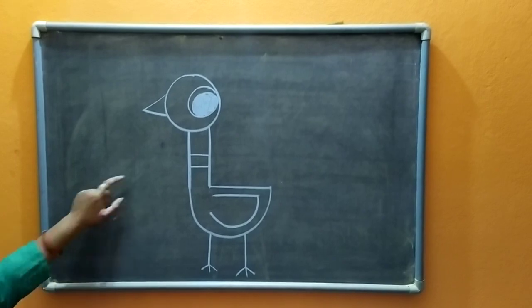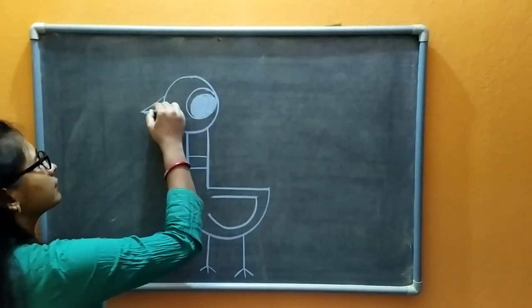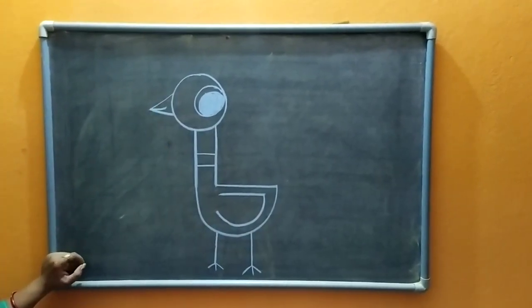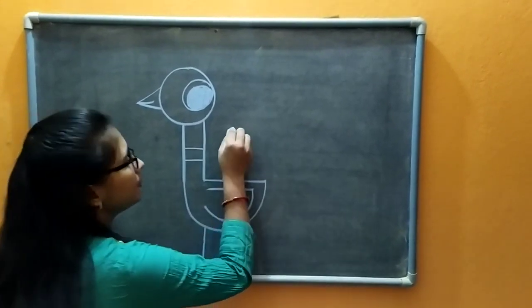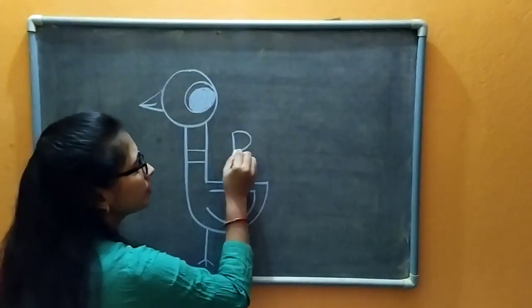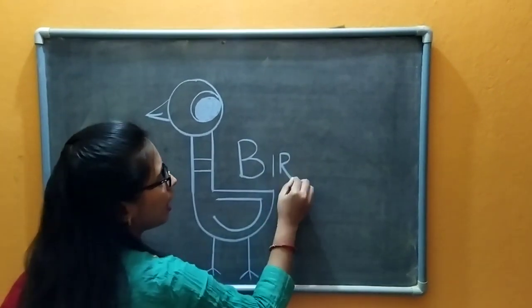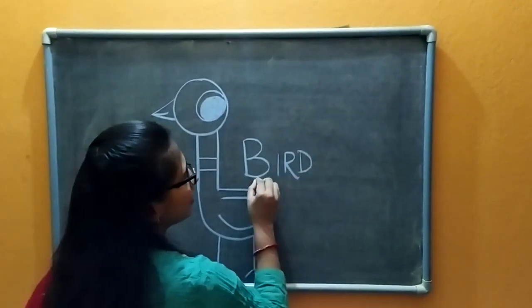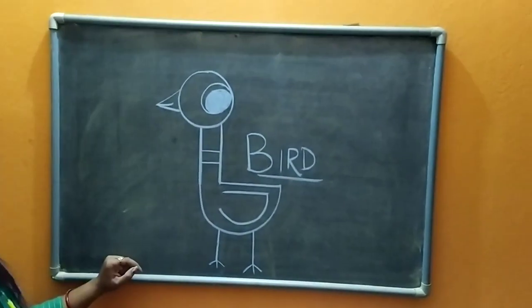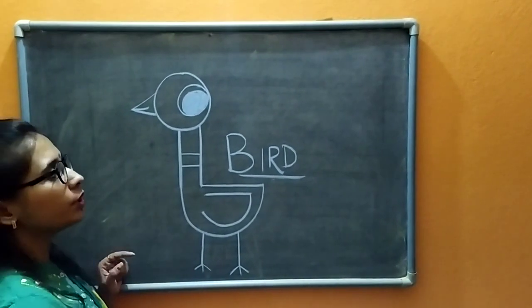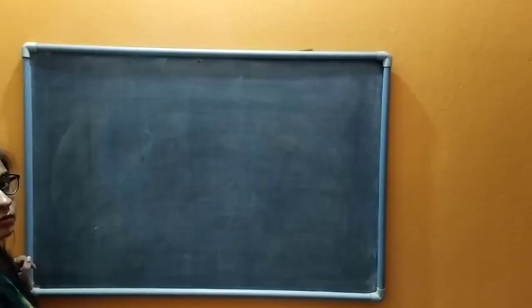Have you seen a bird like this? Okay. Now we have to write down the spelling of bird. B-I-R-D. Bird. Okay. Now we will move to the next picture.